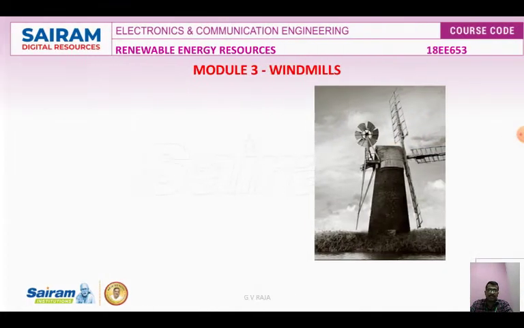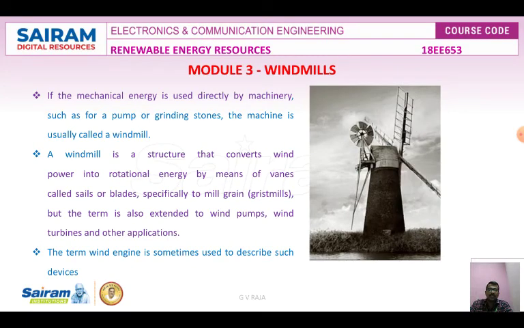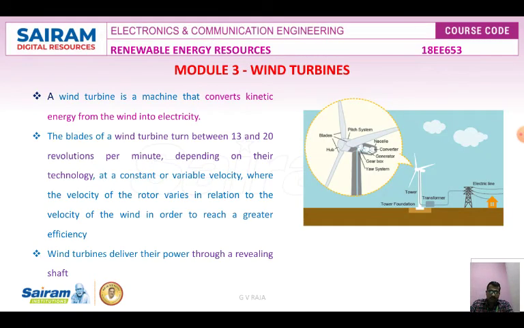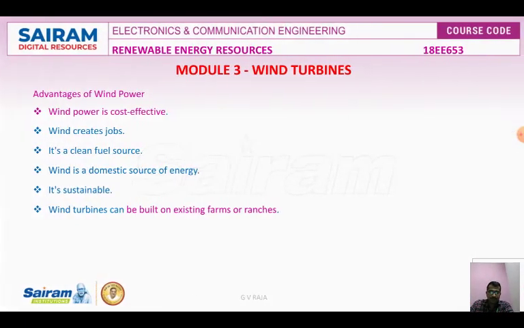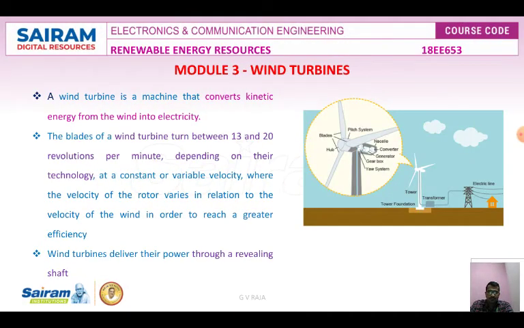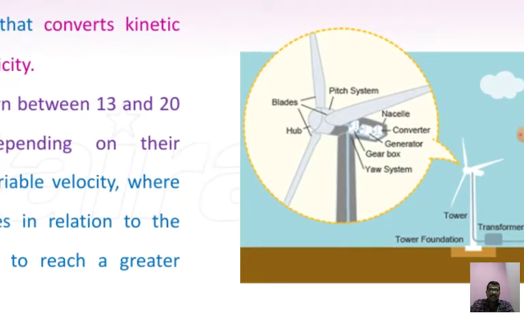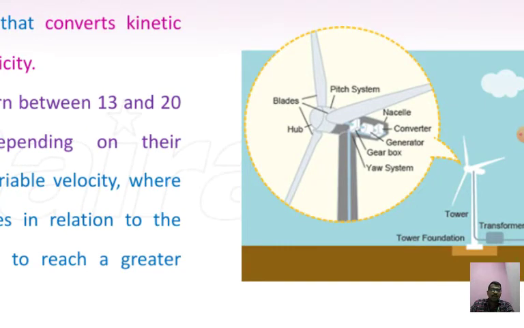If you see the diagram here, this is a windmill. It has three blades connected to a turbine, and there is a converter, and one more gearbox.